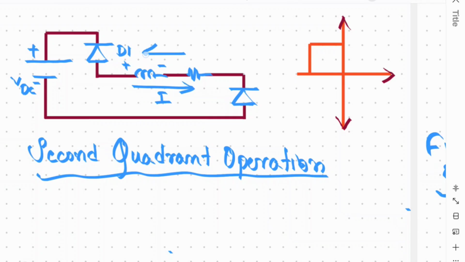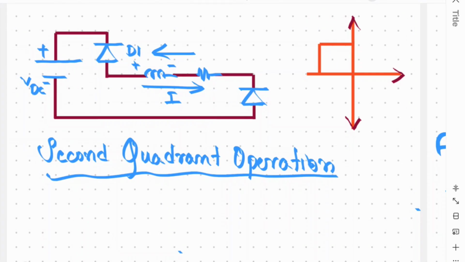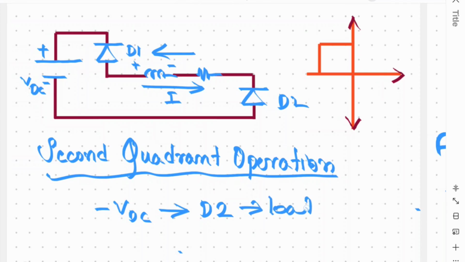Now current will flow in the opposite direction. So this current will flow from minus VDC, then diode D2, load, then D1, then plus VDC.